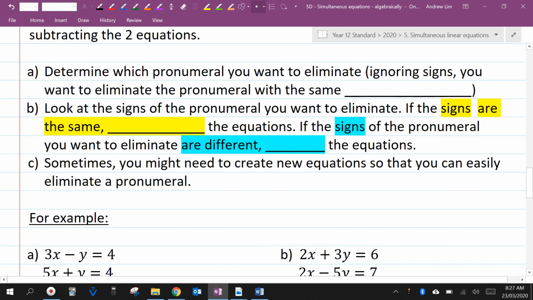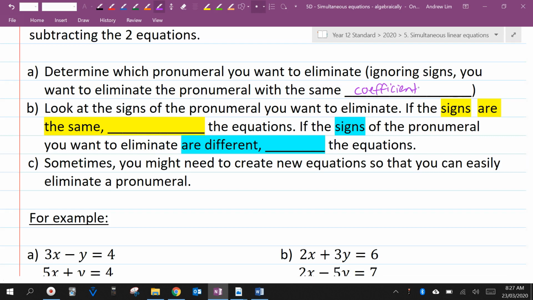We need to determine which pronumeral we want to eliminate. So just ignore the signs, the plus and minus signs. You just want to eliminate the pronumeral with the same coefficient. Then we're going to look at the signs of the pronumeral that we want to eliminate.